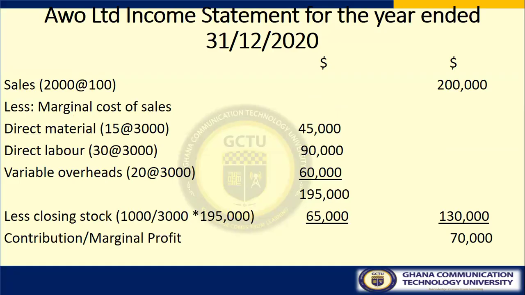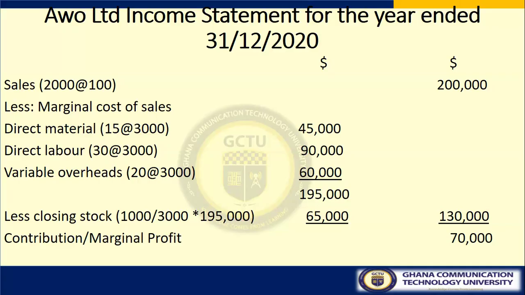Yes, that's what I wanted to explain. We produced 3,000, and out of the 3,000 we produced, we sold 2,000, right? So it means we still have 1,000 units.